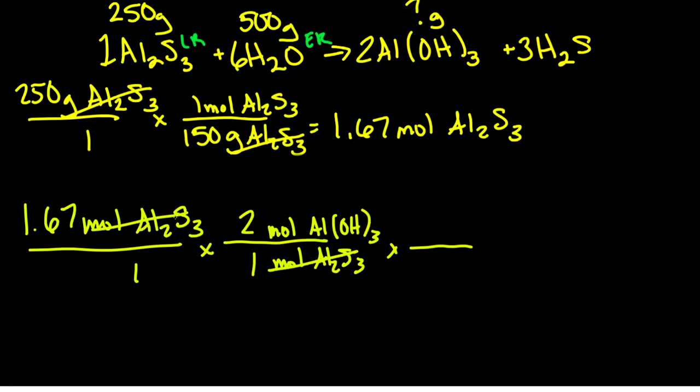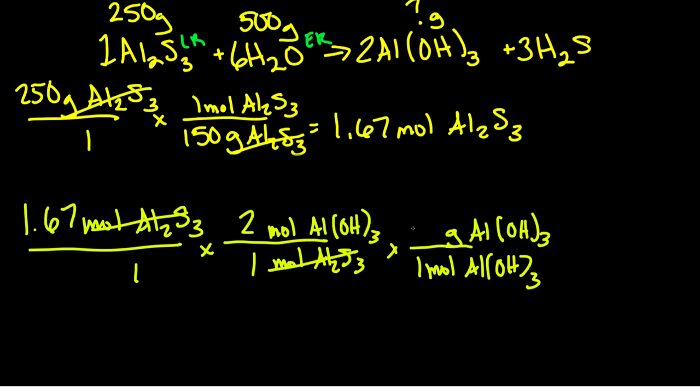I need to change now moles of aluminum hydroxide to grams. So 1 mole of aluminum hydroxide is how many grams? Let's use our periodic table to figure that one out. So aluminum is 27, oxygen is 16, and there's 3 of them, and then we got 3 hydrogens.